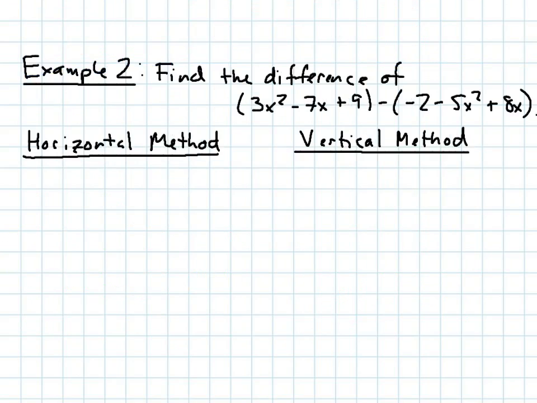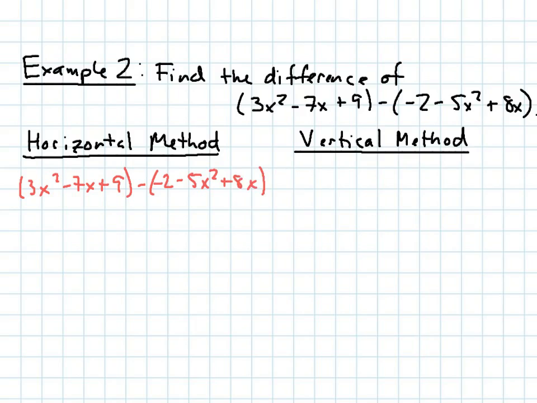So next one, let's do the same thing with a difference. If I have a difference of two polynomials, I'm taking the same polynomials, but I'm going to do it with those same two methods. It's a little different with the two methods.